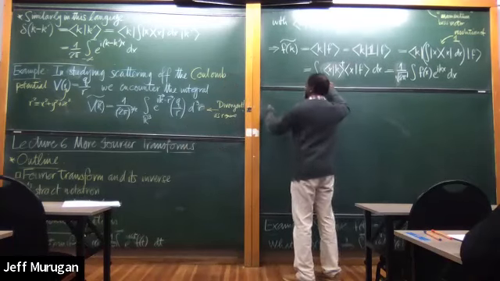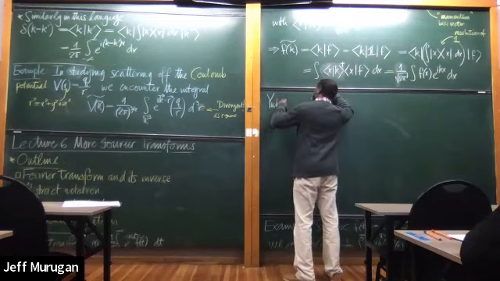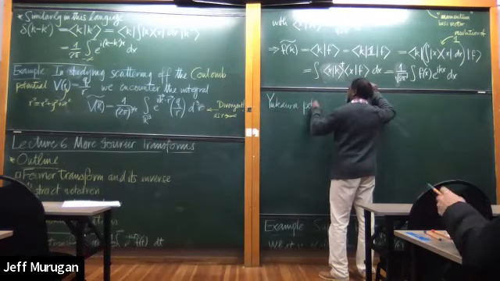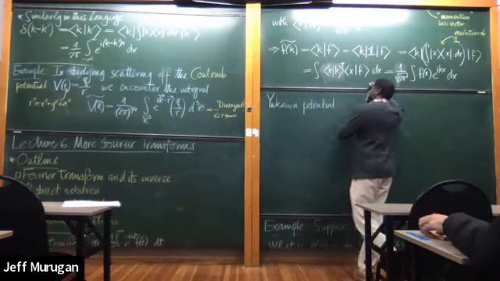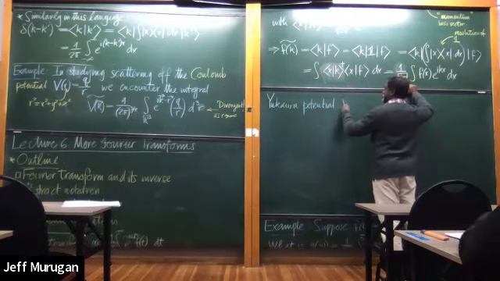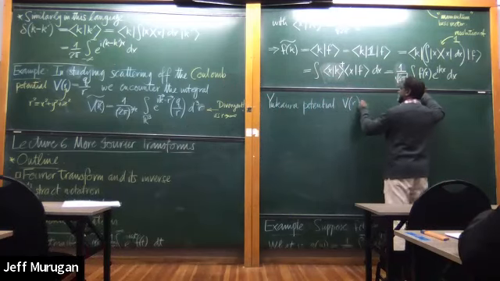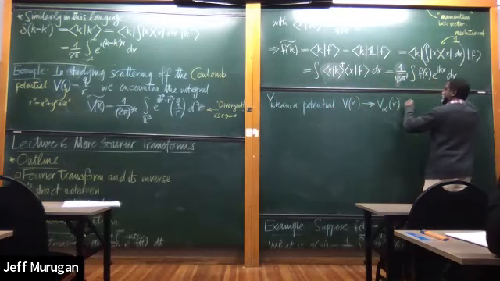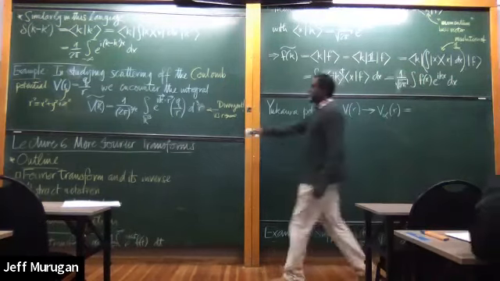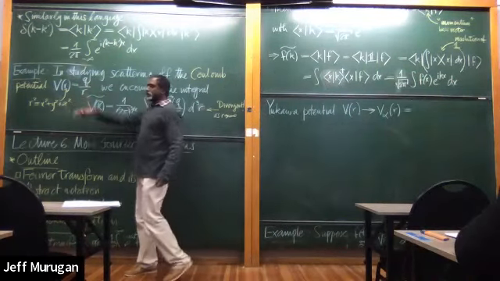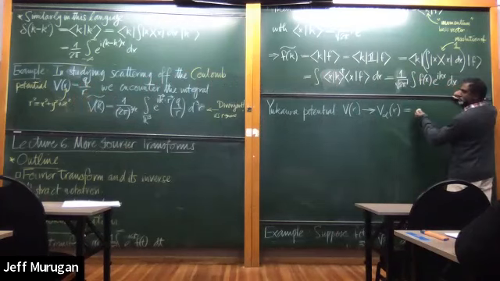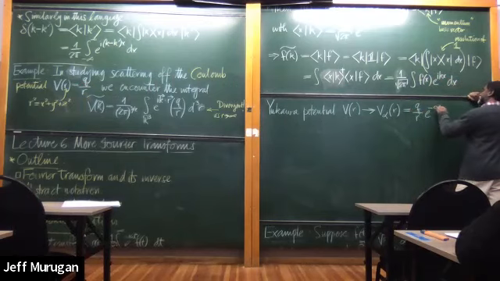What Yukawa did was to replace the Coulomb potential V of r by, let's say, V alpha of r. The only difference between V of r and V alpha of r is that instead of Q over r, you multiply this by an exponentially decaying function of r with some parameter alpha. So Q over r times e to the minus alpha r.